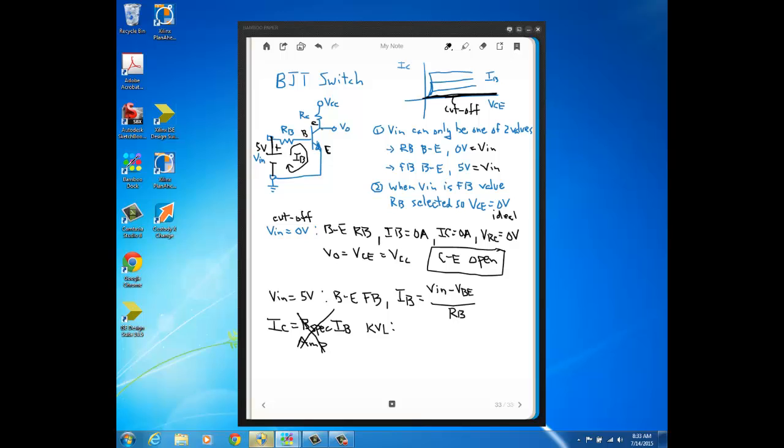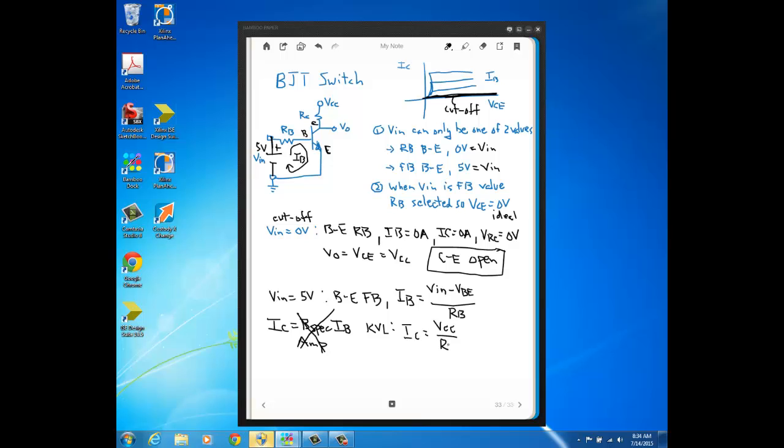So you see the collector essentially is tied right to ground when Vin is the forward bias value. So all we have here when we do the KVL and solve for IC is that IC is equal to the source voltage VCC divided by RC.